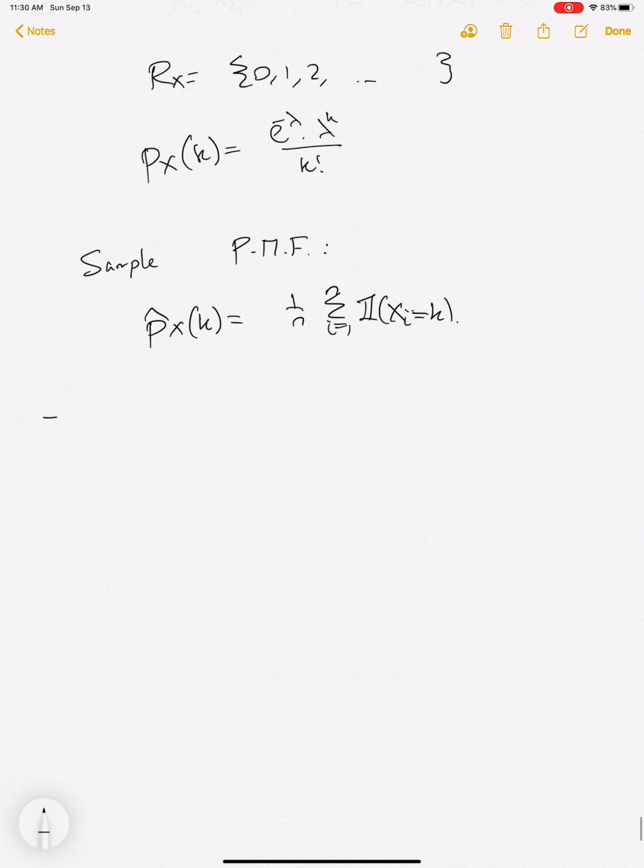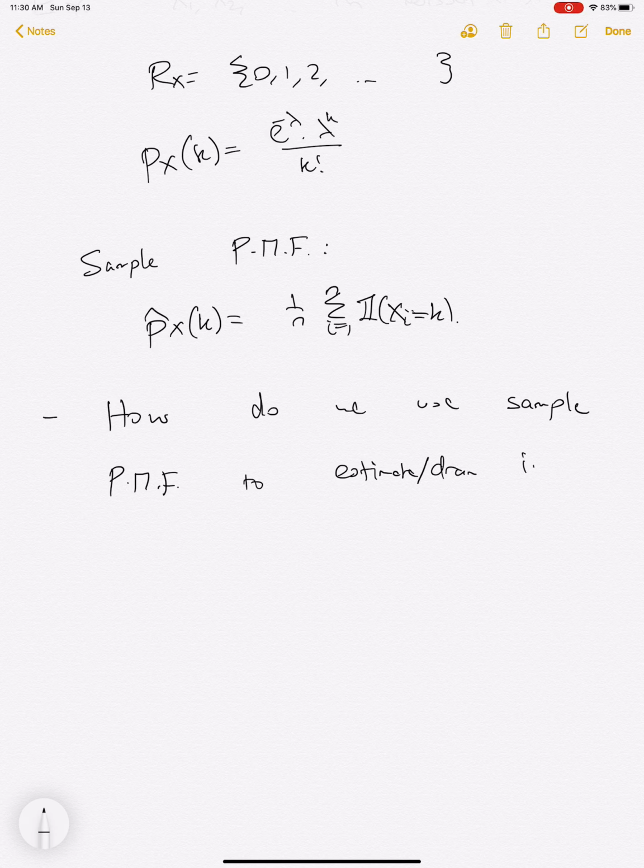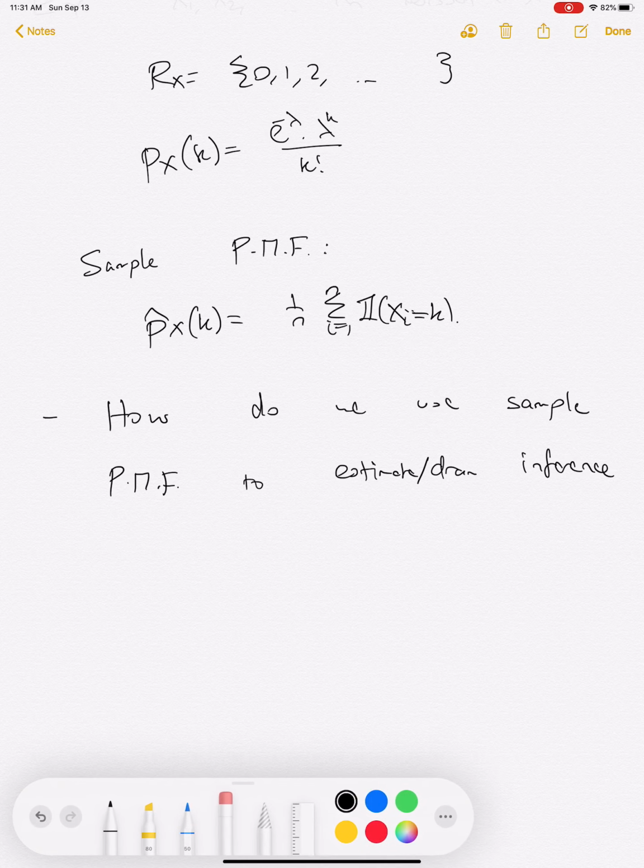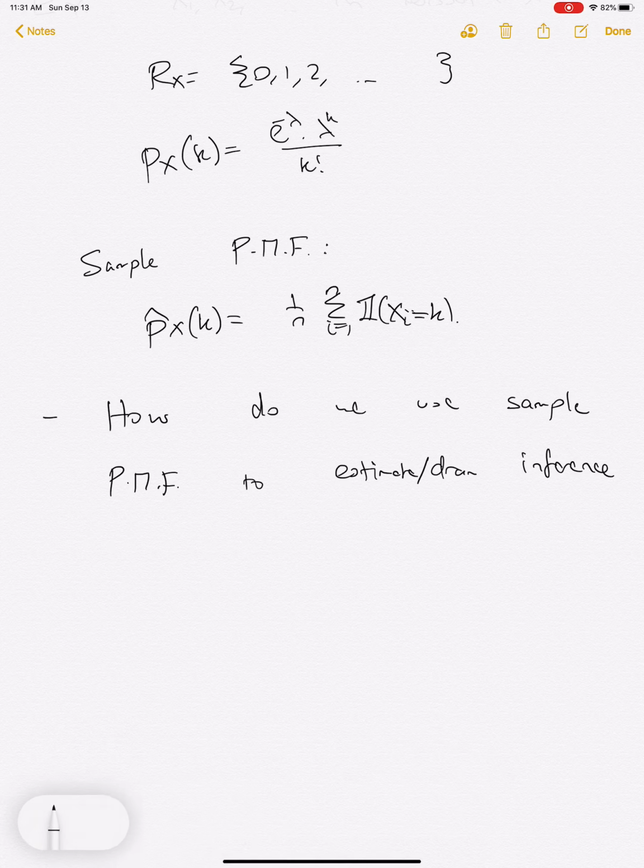And then the question that we want to think about is how do we use the sample PMF to estimate, or draw inferences, about lambda.